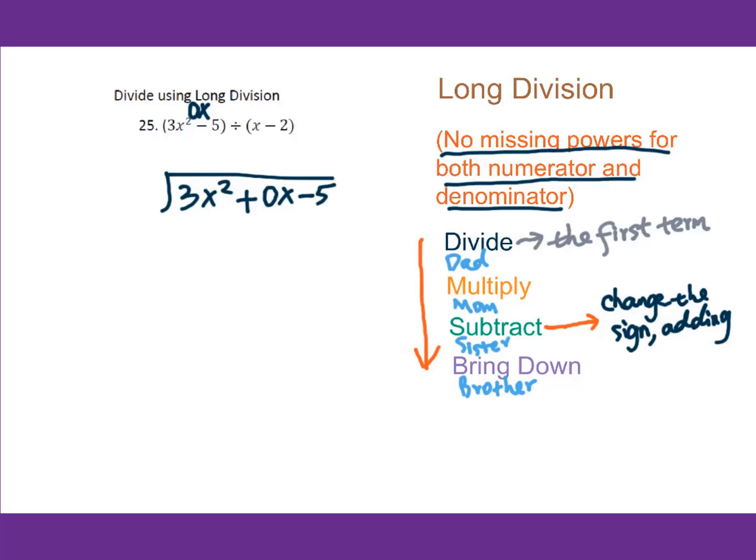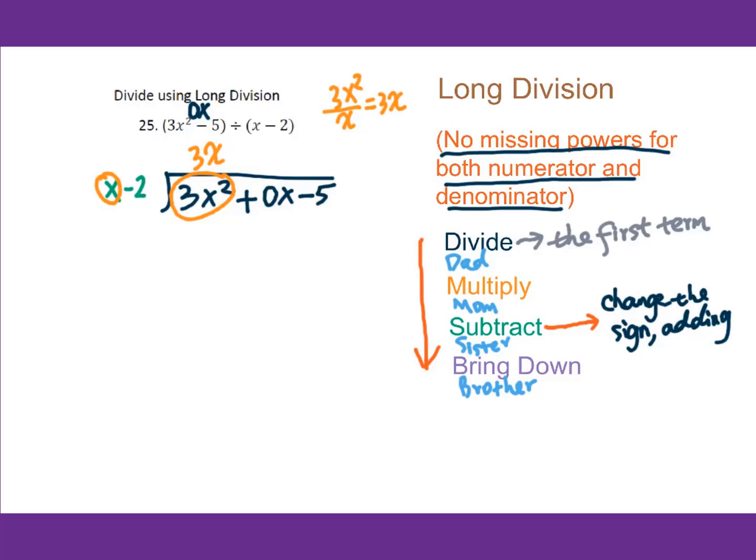Then we divide it by x minus 2. We use these steps. Divide means the first term divide. So 3x squared divided by this x. That is 3x. Therefore, I write down 3x above this 3x squared.